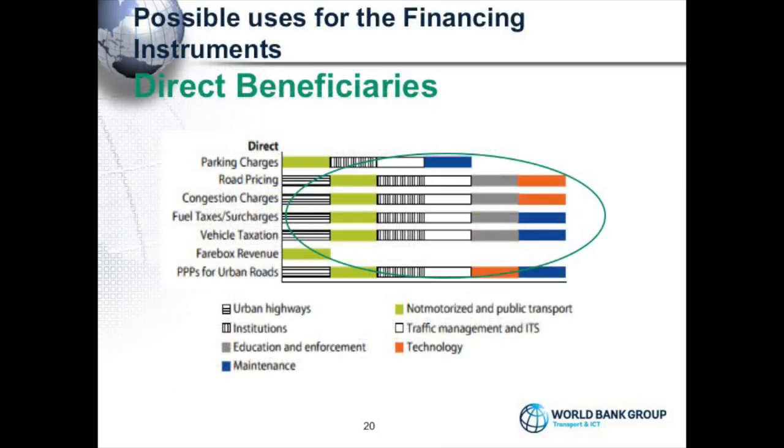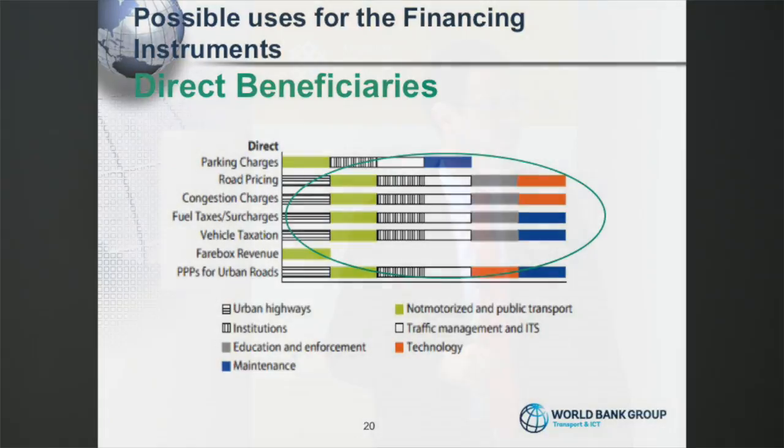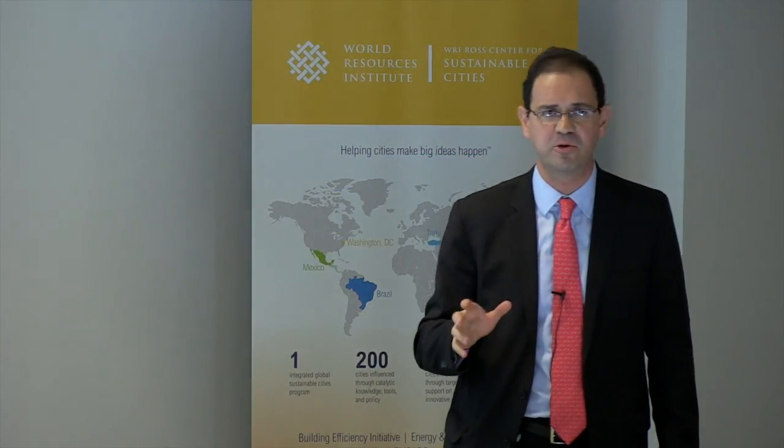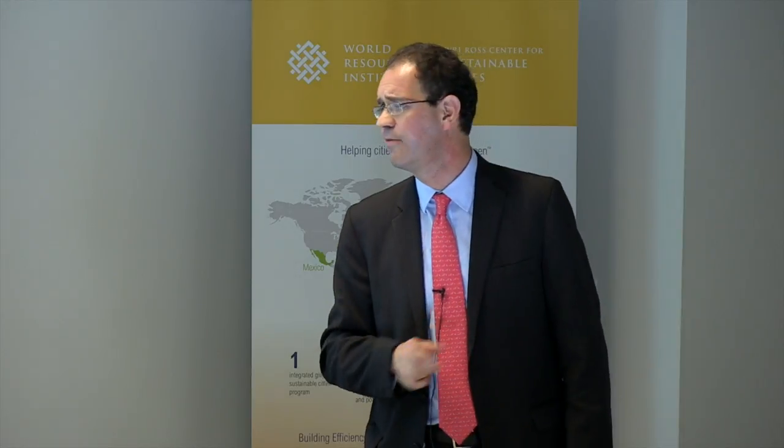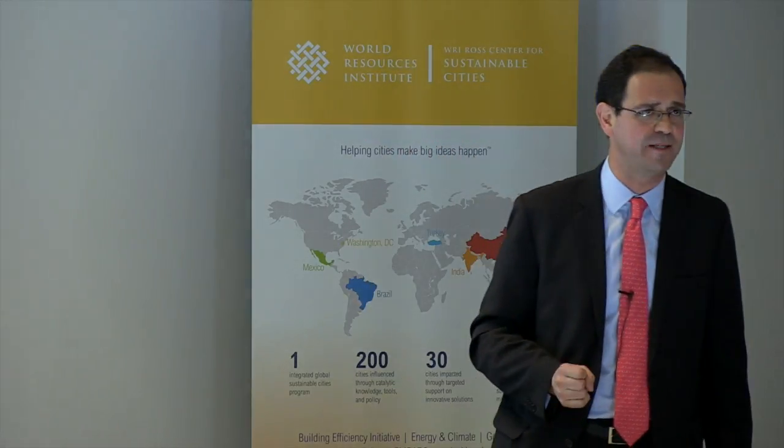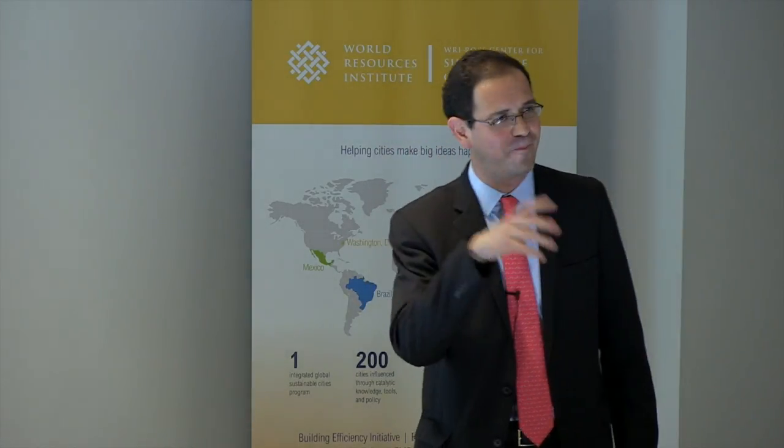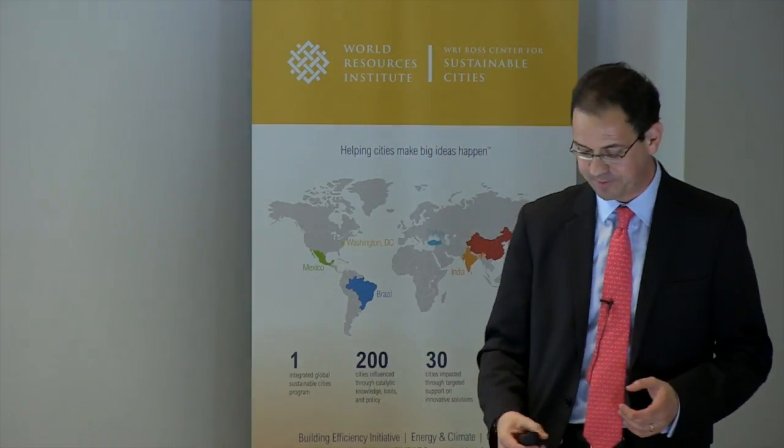The longer the number of bars on the chart, the better that financing instrument in that category of beneficiary, we're looking now at direct beneficiaries, is to finance different parts of the transport system. Again, direct beneficiaries, the financing instruments related to direct beneficiaries are a very good source for the entire system, for maintenance, for capital investments, for ITS, for everything, every part, from the sidewalk to the subway.